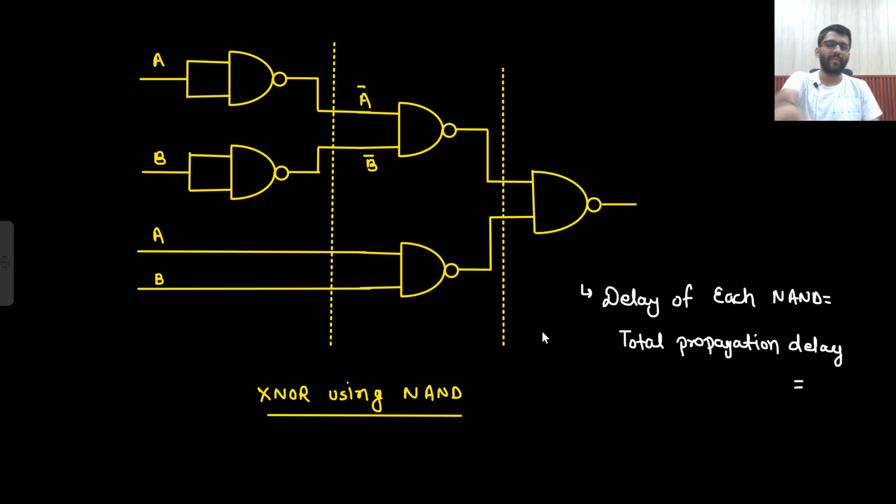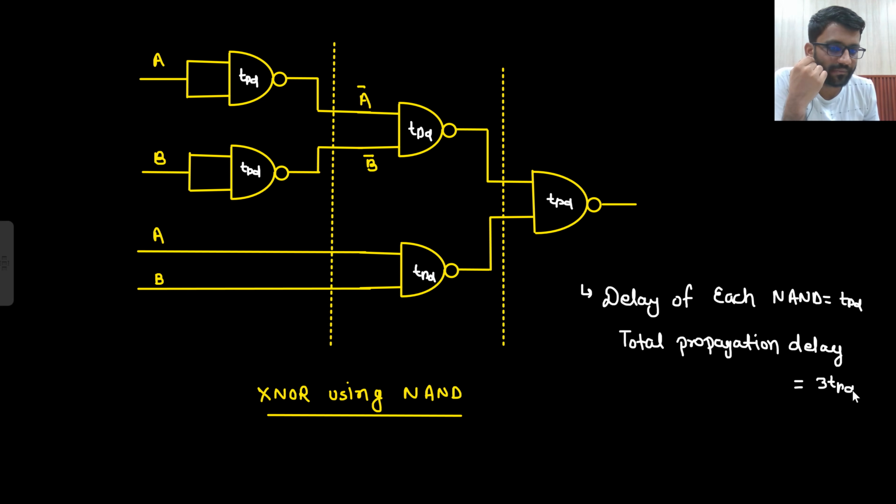So in the same way I have implemented this, right? Now tell me, if this has TPD delay and this has TPD delay, all are having TPD delay, then how much will be the total delay? 3 TPD, right? Because this is level 3 assembly.